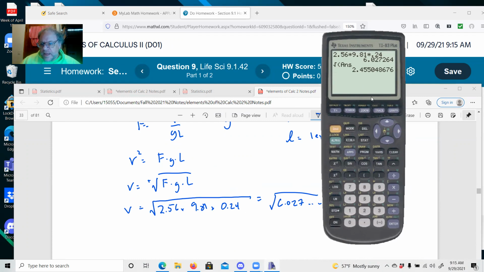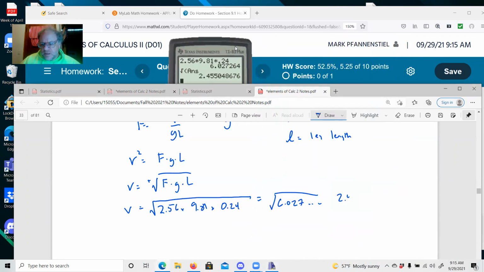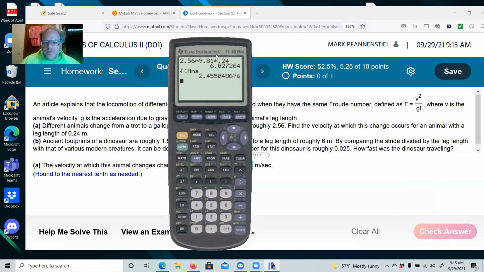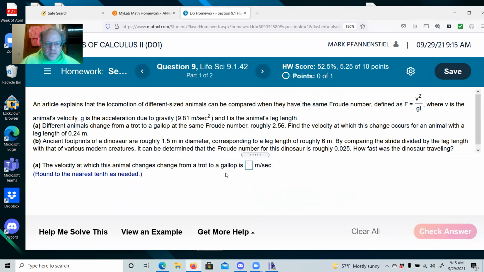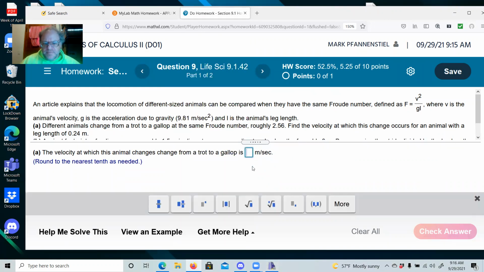Okay. And we get 2.45, 2.46 meters per second. That's our velocity. Okay. So let's see here. We'll make it 2.46. Round to the nearest tenth as needed. Okay. So in this case, we'll say 2.5.